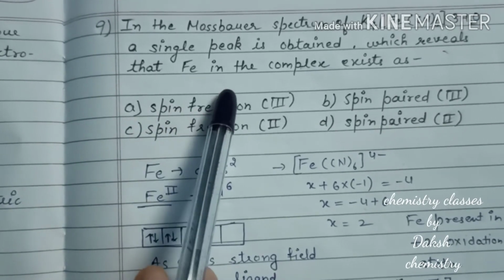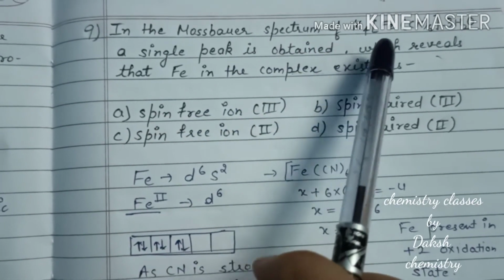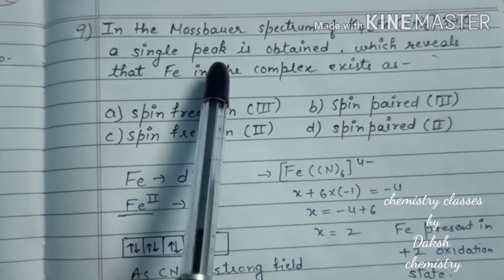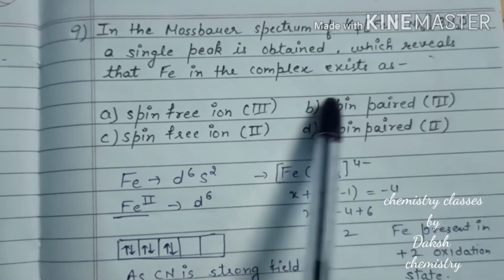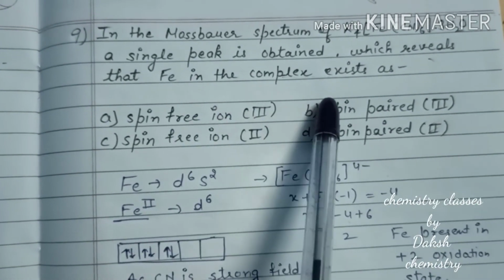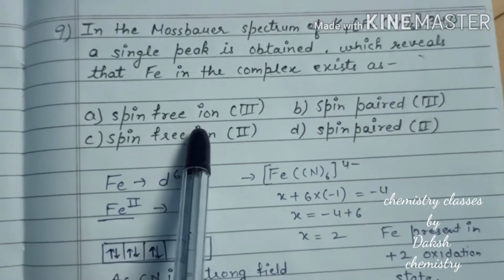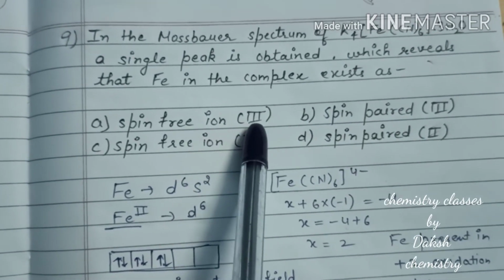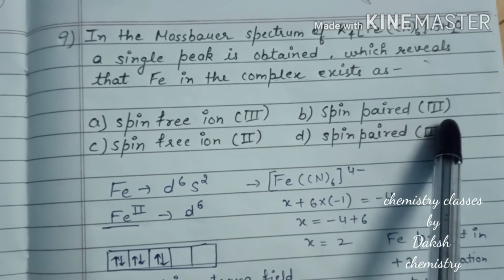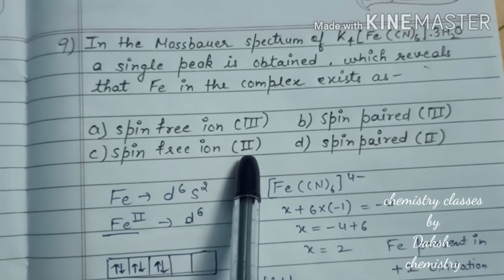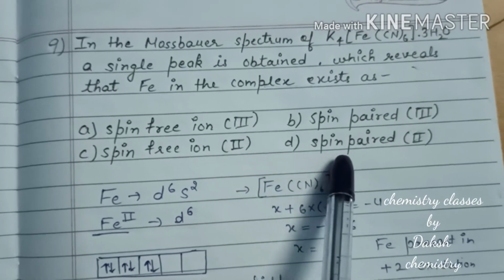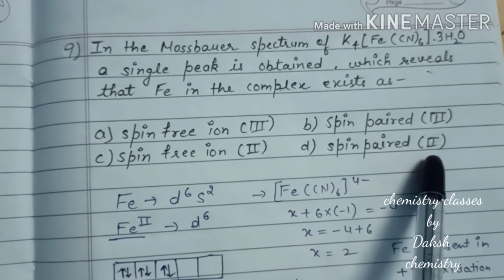Last question but not least. In the Mossbauer spectrum of this one, a single peak is obtained, which reveals that iron in the complex exists as spin-free iron in +3 oxidation state, spin-paired in +3 oxidation state, spin-free iron in +2 oxidation state, or spin-paired in +2 oxidation state.